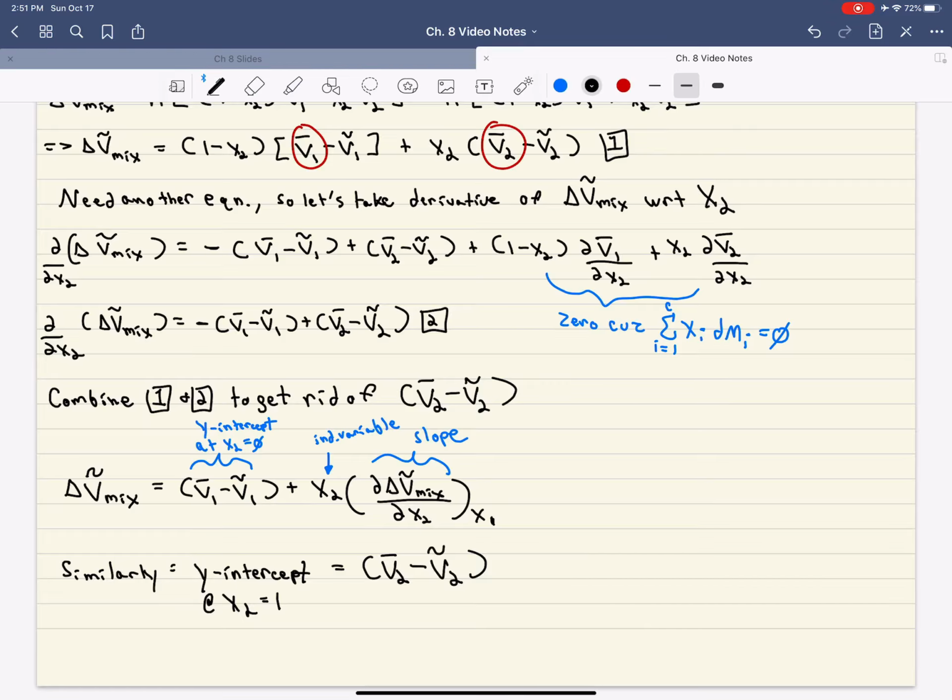Once again, you can look this value up, and so if you can measure this y-intercept and you can look this value up, that would allow you to get V2 bar. Okay? All right, and so this is at least just a description of the graphical method for measuring the partial molar volumes. In class, we're going to go through an actual example to do this.